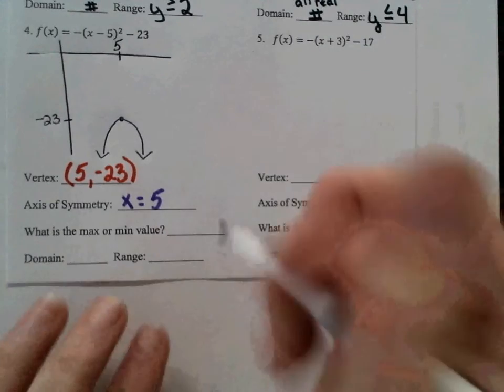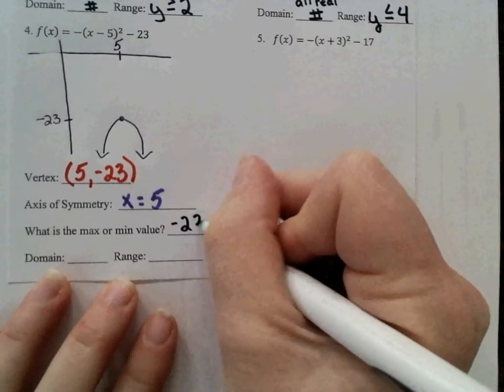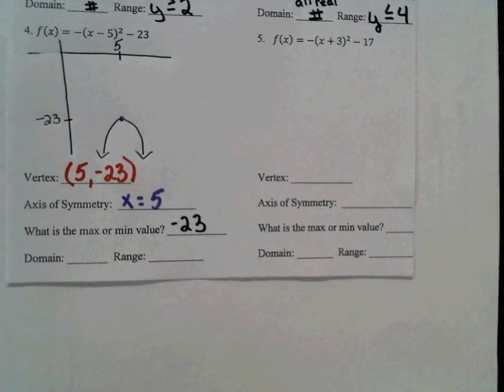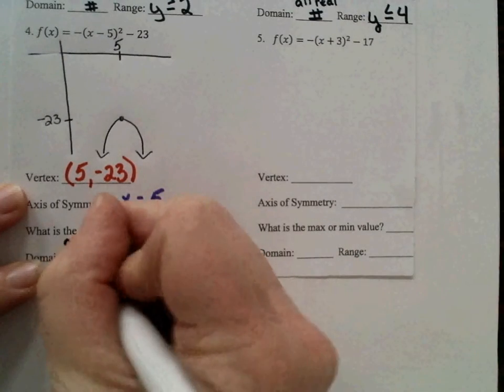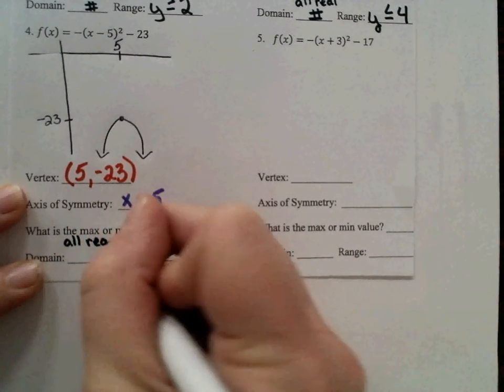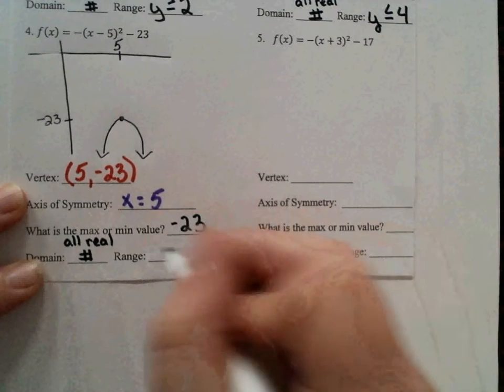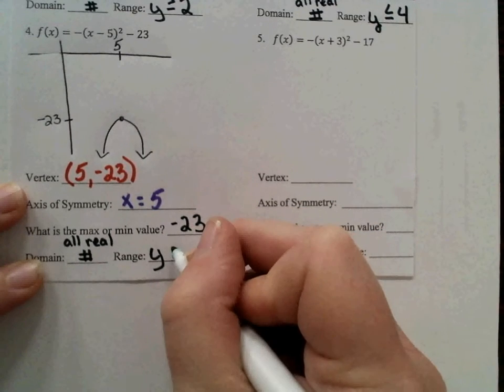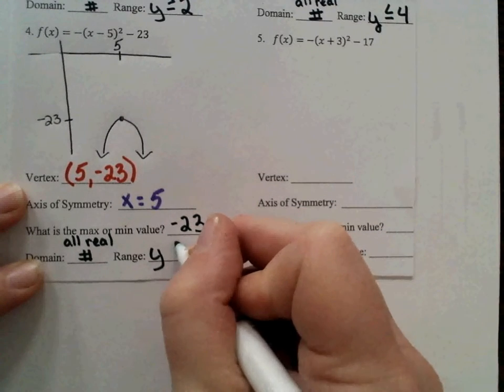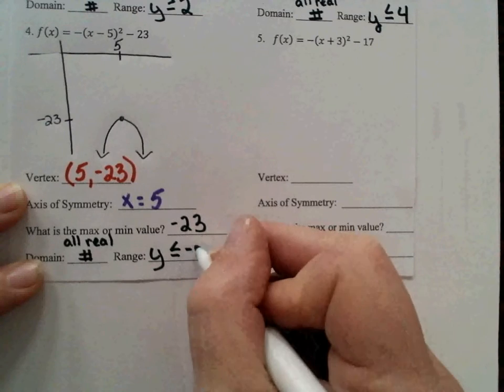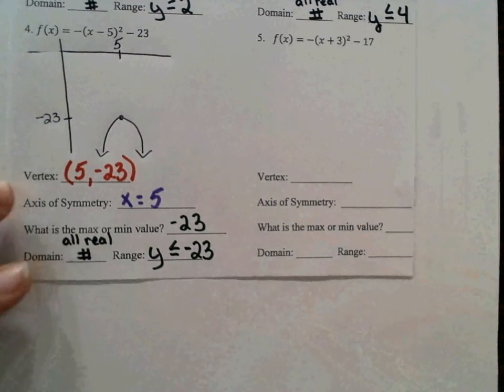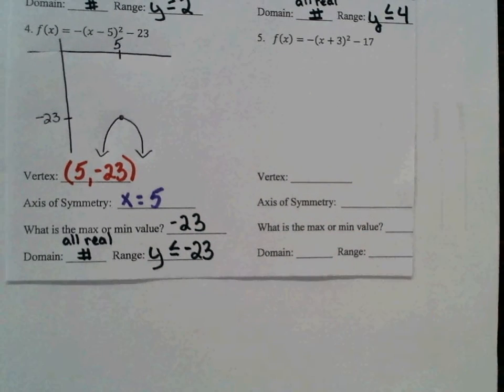This will be a maximum value, but what is that maximum value? -23. Domain, all real numbers. And the range is y is less than or equal to -23, because it's opening down.